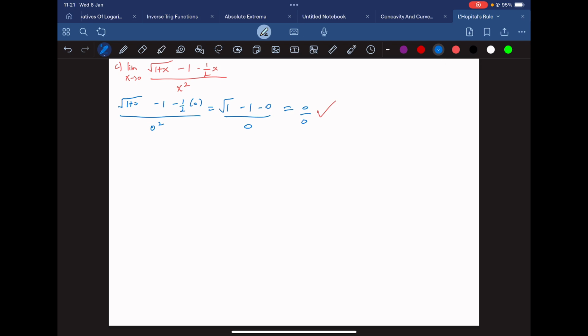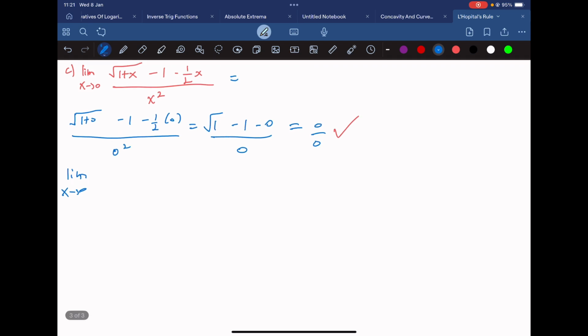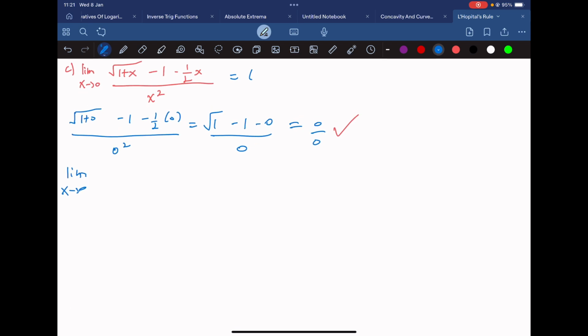So with that, we have to differentiate the top and the bottom. But remember, the square root of 1 + x can be written as (1 + x) exponent 1/2, then minus 1 minus x/2, all over x squared.